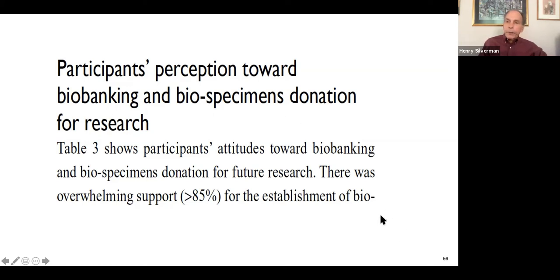And then you get into the results section, and it says table 3 shows participants' attitudes towards biobanking and biospecimen donation. This investigator did not have any set of questions regarding perceptions, and so was totally confused between perception and attitudes. And many times people think perception and attitudes are the same thing.